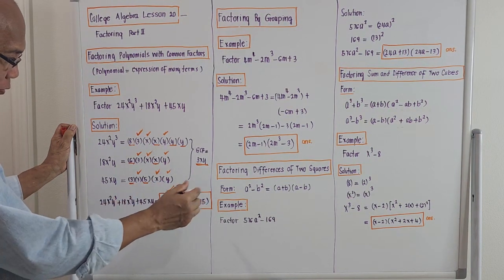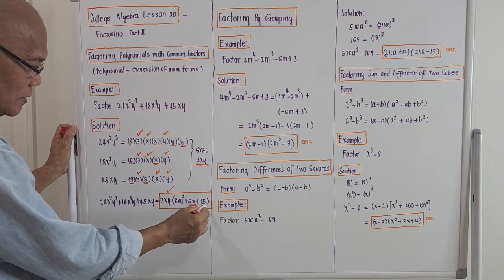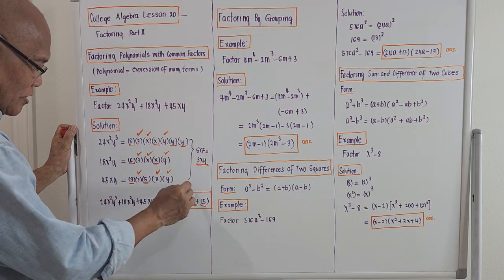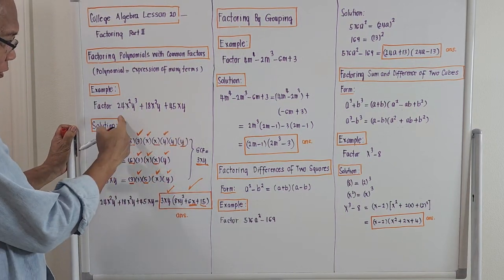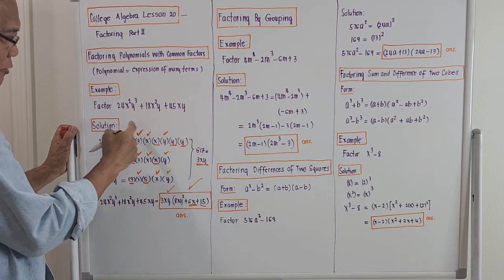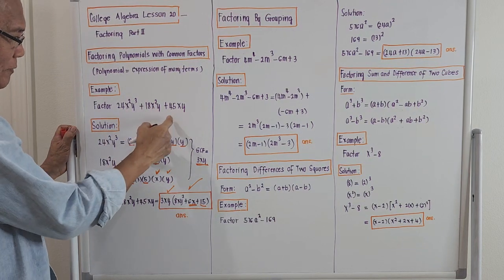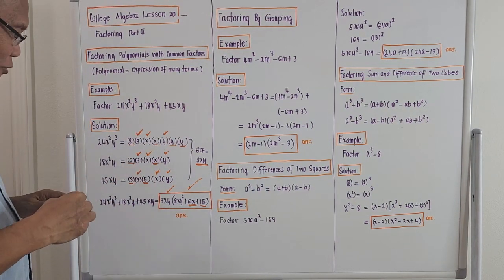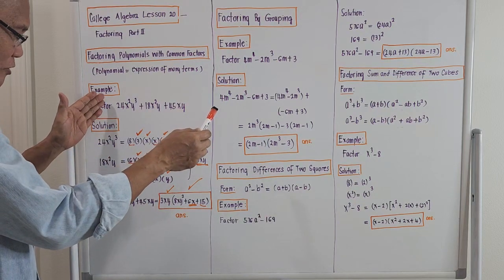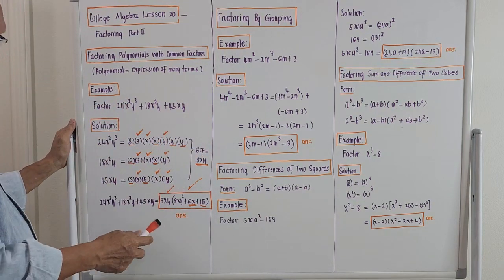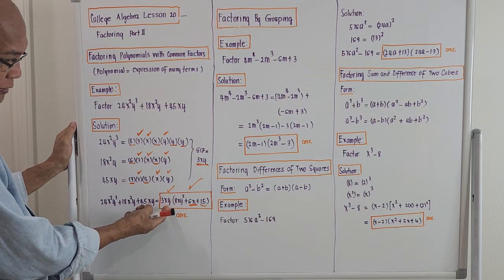So the last term inside will be plus 15, close quantity. So this is actually the factored form of the given expression, which is 24x squared y cubed minus 18x squared y plus 45xy.